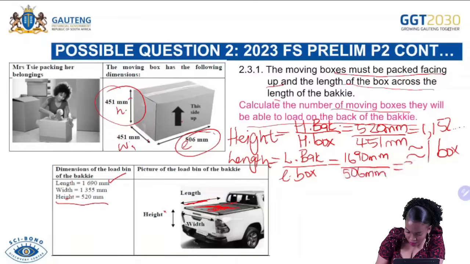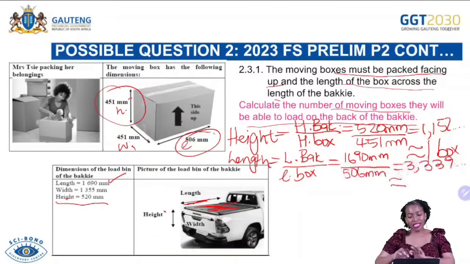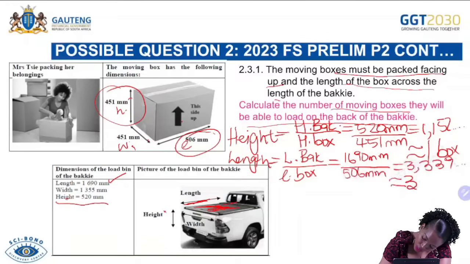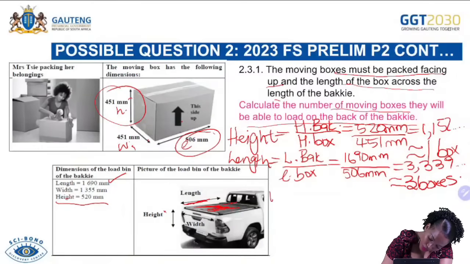I'm getting 3,339 and something. Again, it means here across the length, you will only be able to fit in 3 boxes. Yes, you will have some space that is left, but that space will not be enough to pack in the 4th box. So that is why in this case, again, we are going to round down. We're rounding down because the 4th box won't be able to fit in. So how many boxes will fit in? Only 3 boxes.